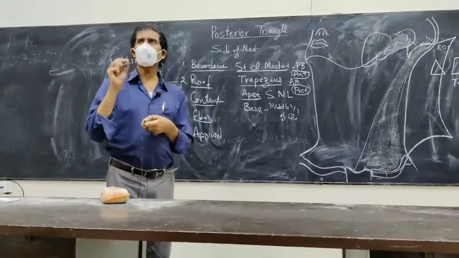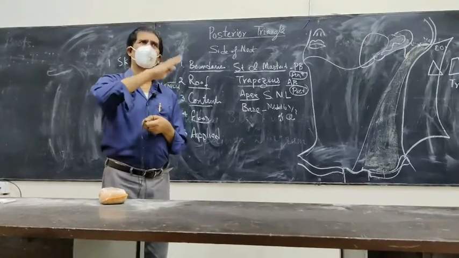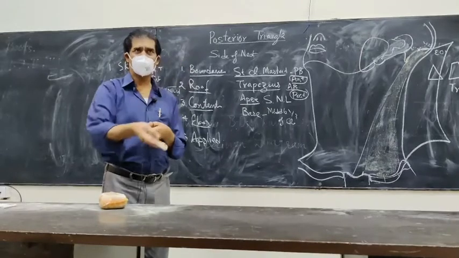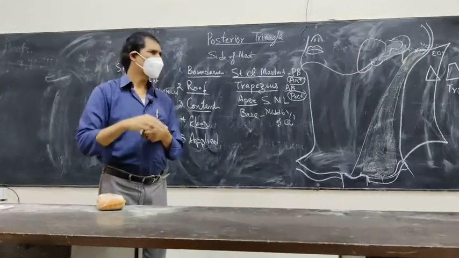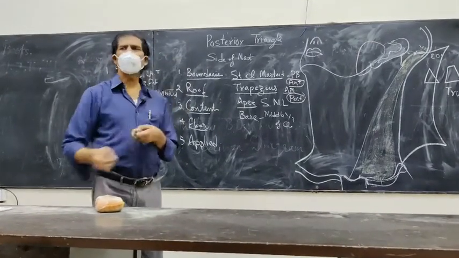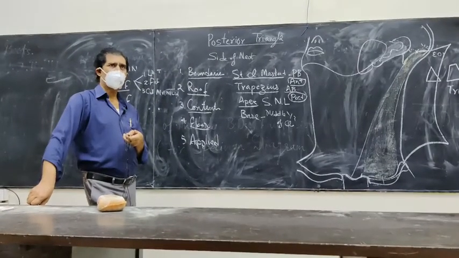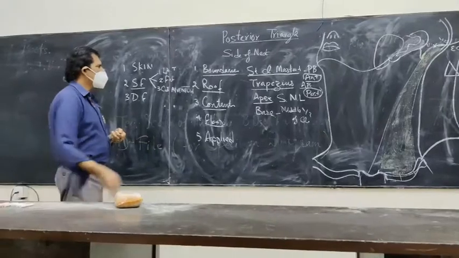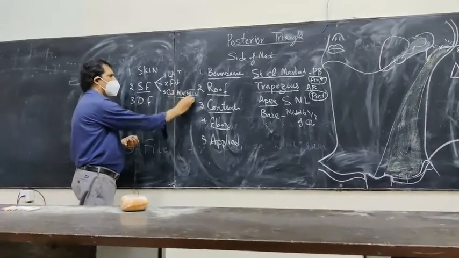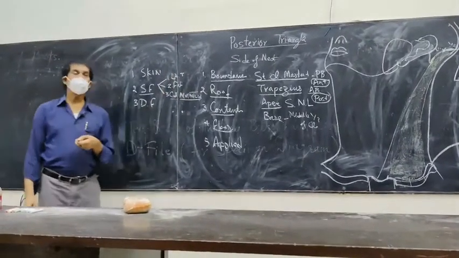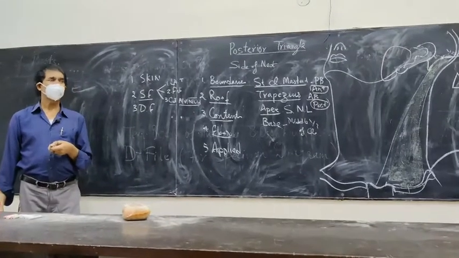So the small arteries, veins and nerves which supply the skin that we have reflected are just below it, lying embedded in the fat of the superficial fascia. So those are all the structures we see in the superficial fascia of the posterior triangle.